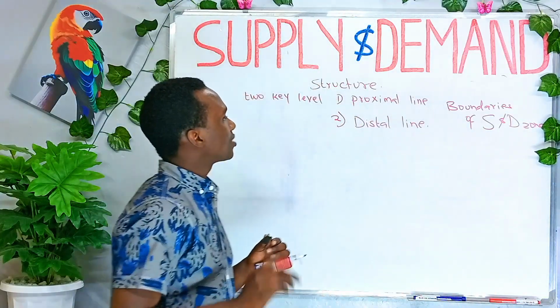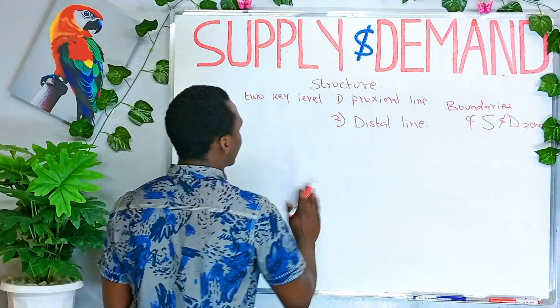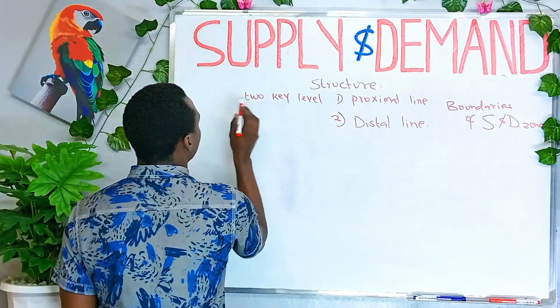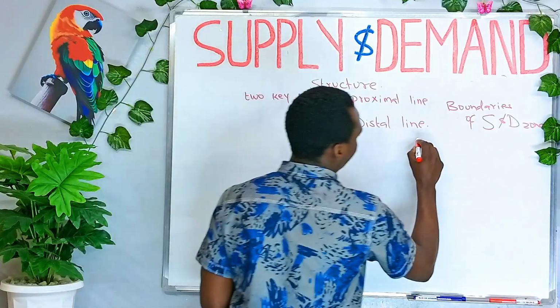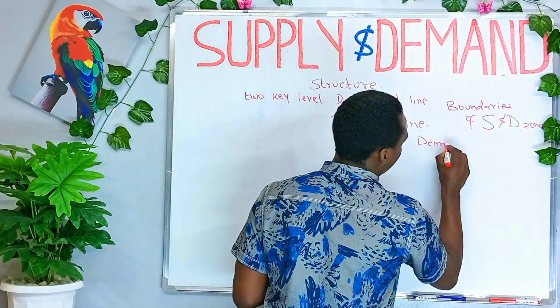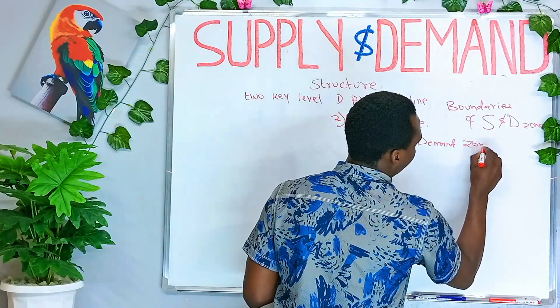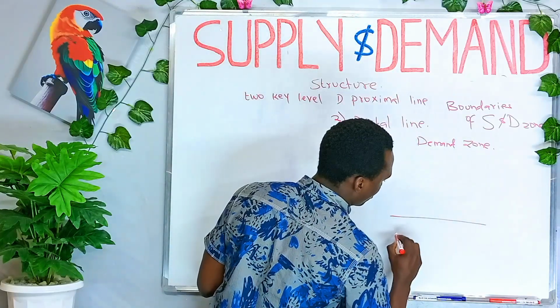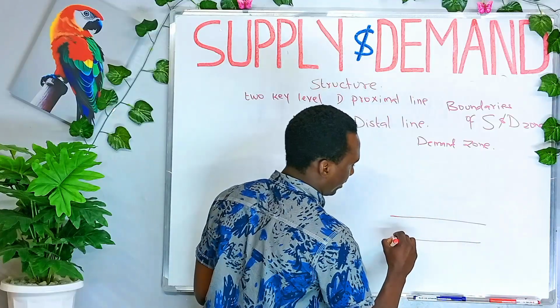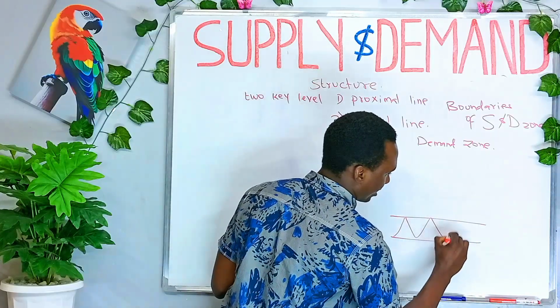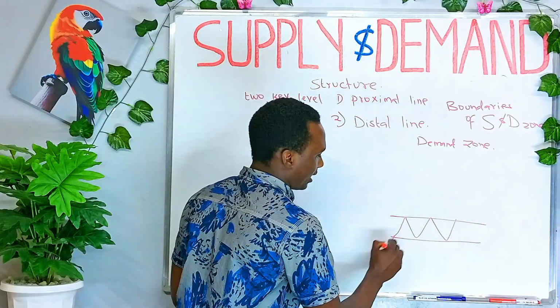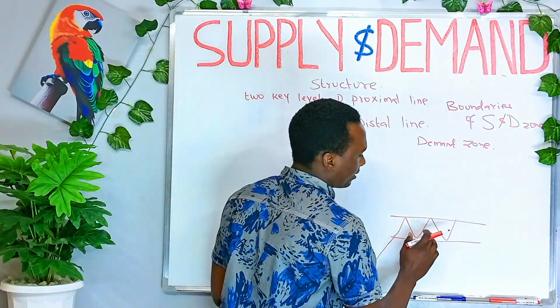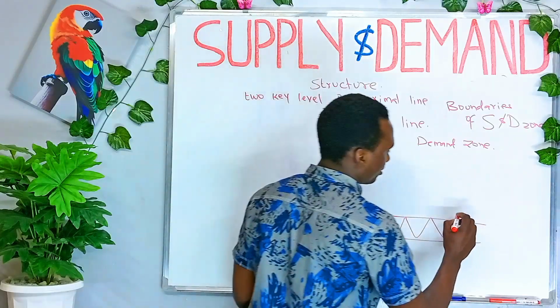Okay, to start with, let us discuss a demand zone. If we are drawing our demand zone like this, remember here we said some consolidation. Let us say it is a rally formation.